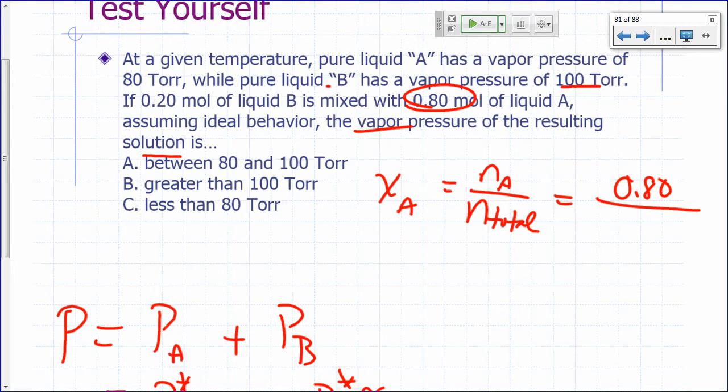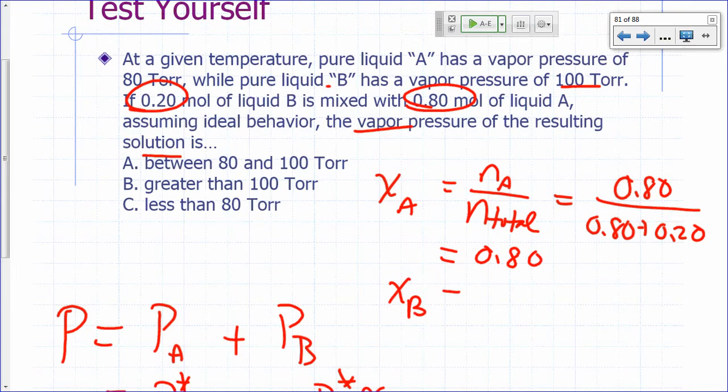And what's our total moles? What's 0.8 plus 0.2? 1. So mole fraction of A is just 0.80. What would be the mole fraction of B? 1 minus 0.8, or you can say moles of B over total moles, which is 1.00, is going to be 0.20.